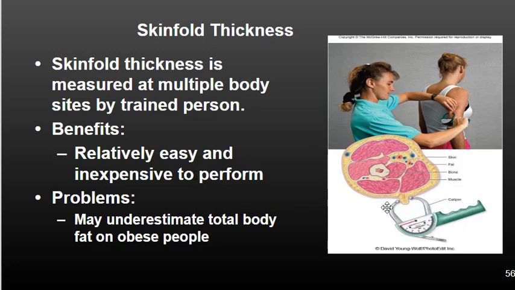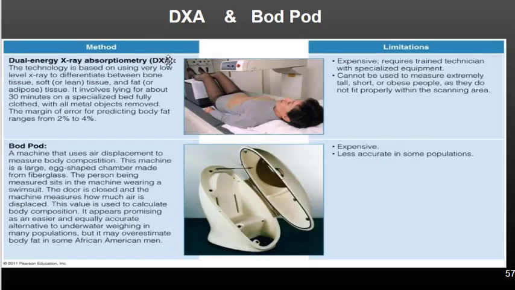There is a problem trying to take measurements from people that are obese because it's very hard to actually get the skin folds. It's pretty hard to pinch the skin in a person that's got a BMI over 30. And two other methods that could be used would be low radiation X-ray and BodPod. They can provide reasonable results, but both systems are fairly expensive.